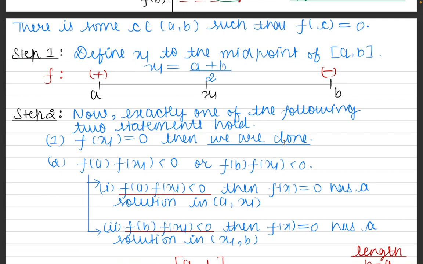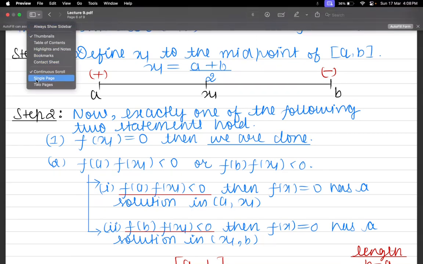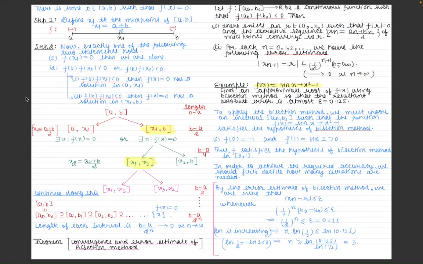So every time we'll be cutting this closed interval [a, b] into half, and we'll be considering the midpoint. So let this be the midpoint of [a, b]. So that is x1 to be (a plus b) by 2. So on the number line you have a situation like this. You have a here, you have b here, you have x1 here.